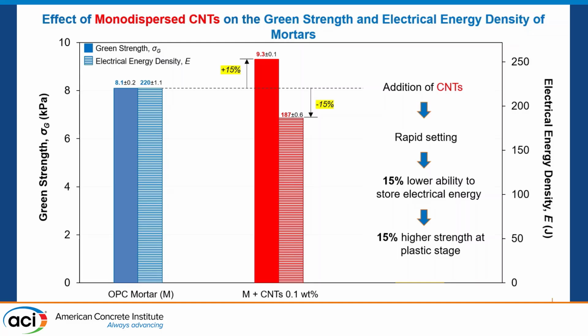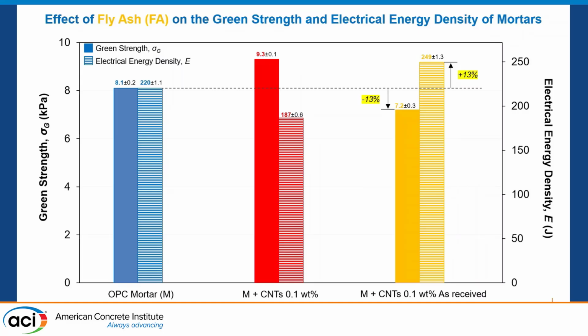That means that the material is more dense, does not store that high amount of electrical energy, and exhibits a higher compressive strength. Now, if we use the agglomerated carbon nanotubes, we see the opposite pattern. The electrical energy density of the material increases this time by 30%, and at the same time, this mortar exhibits a green strength lower by 13%.